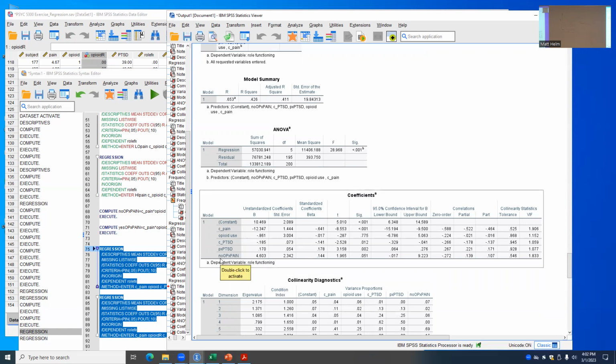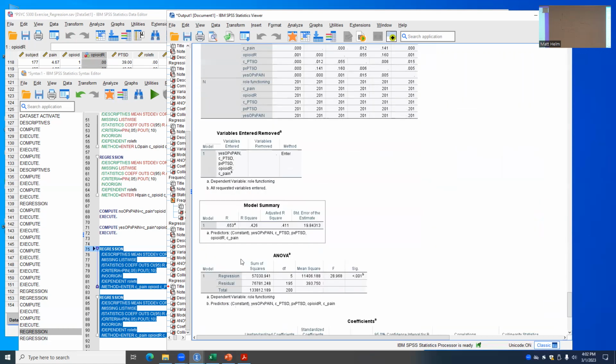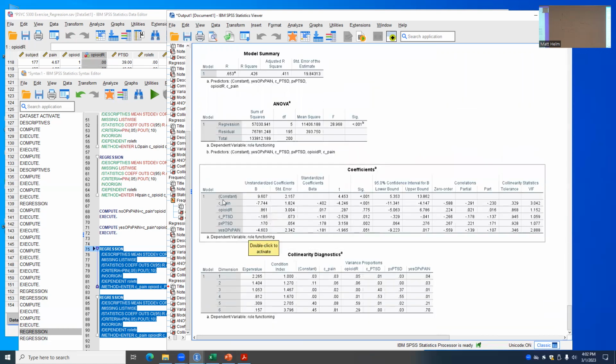And then my new interaction that corresponds to my original dummy code: no opiate use times pain, where 0 reflects no use. And then the same thing here: pain, opiate R, this is my reverse coded, centered pain, my original PTSD times pain interaction, and then the interaction term that has my recoded opiate use with centered pain.